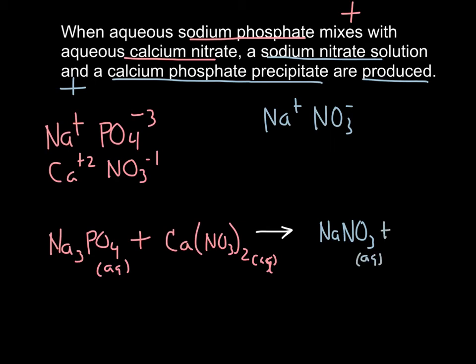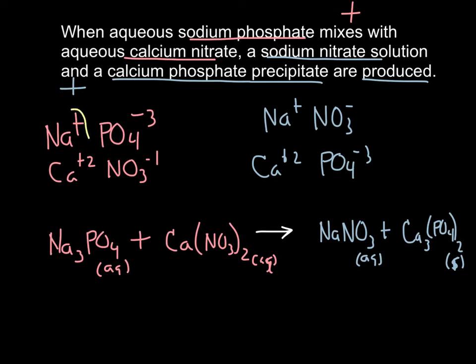And is our plus sign, calcium phosphate. Ca2+, PO4 3- gives us Ca3(PO4)2. And that's a precipitate, so we can write a solid here. If you notice what happened here, this is something to check out.